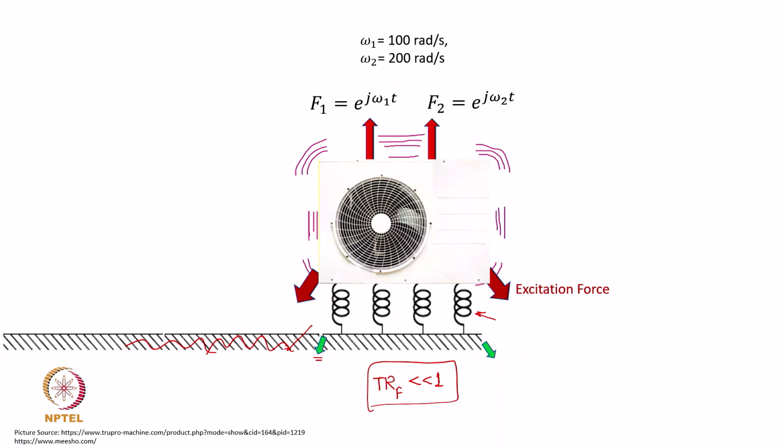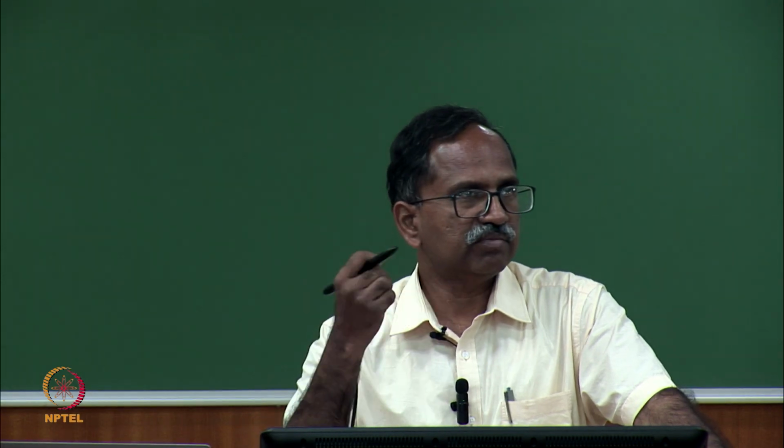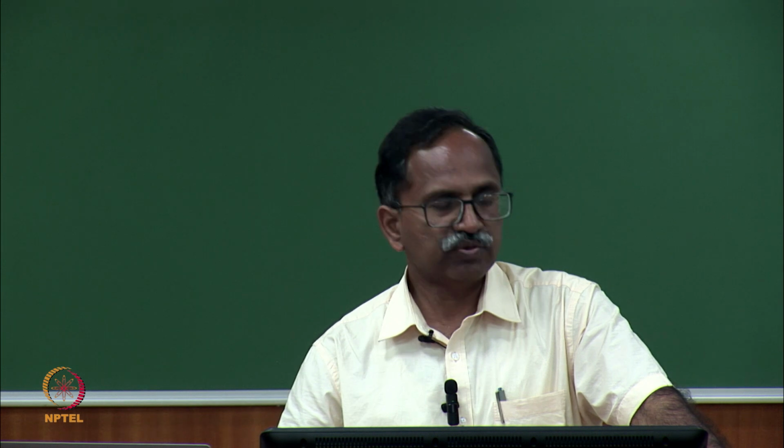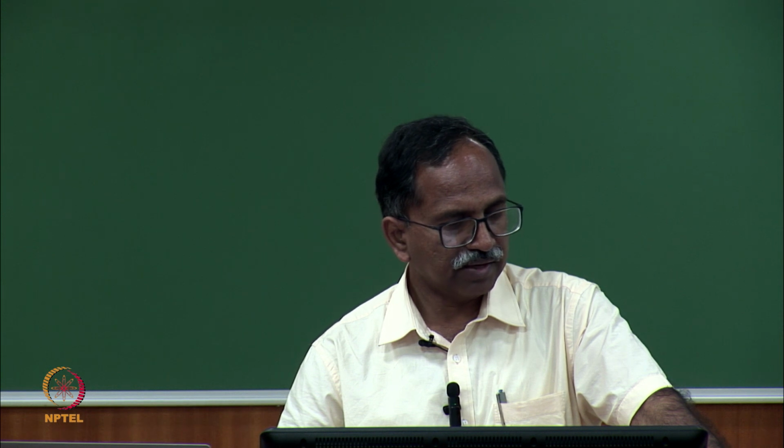Now, what we are going to look at is, if such excitations go into the ground, they are going to excite certain other systems nearby. So, imagine that your factory is manufacturing blades, or uses some grinding tools, or delicate products are being machined.